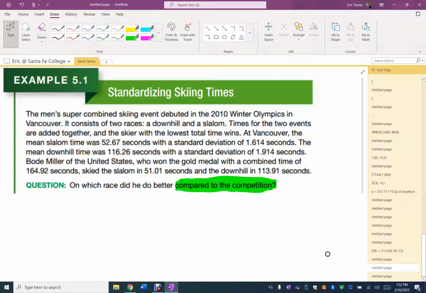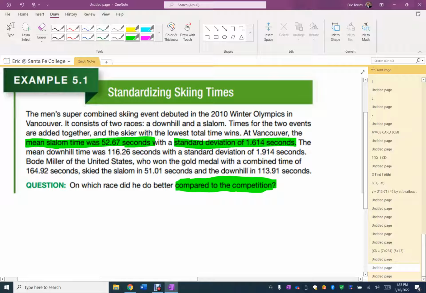So let's take the first race, the mean slalom scores. So the slalom had a mean time of 52.67 seconds and a standard deviation of 1.614 seconds. So what does that allow us to do?